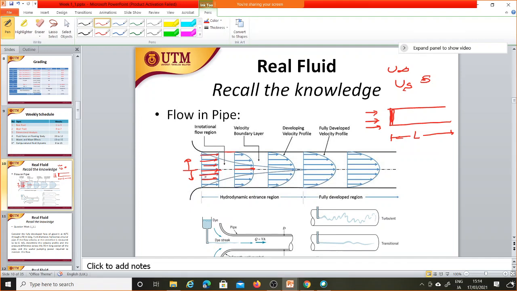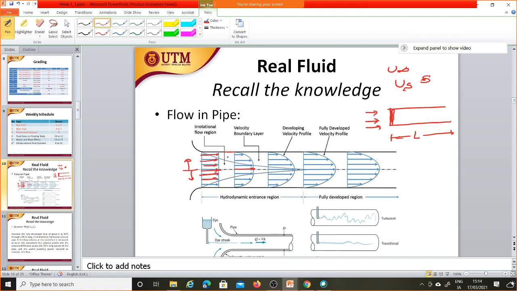It means the fluid has just entered into the pipe, and the velocity distribution is all the same, whatever position you consider here. But later on, if you gradually move along the length of the pipe, this separation zone gradually reduces.